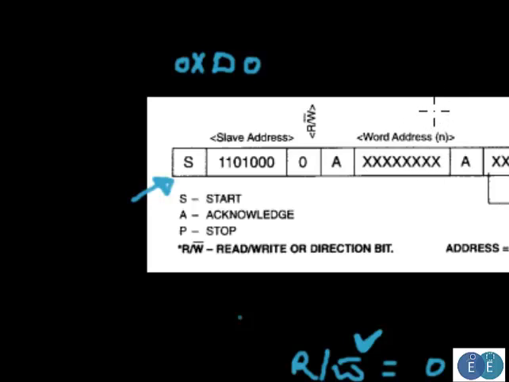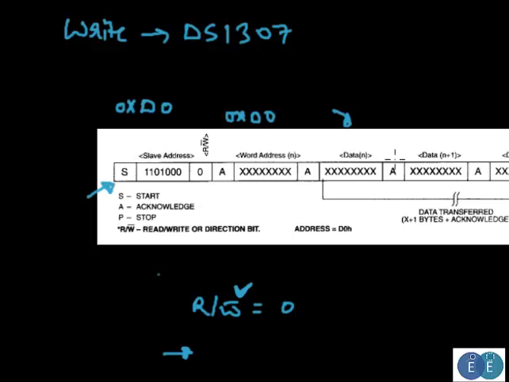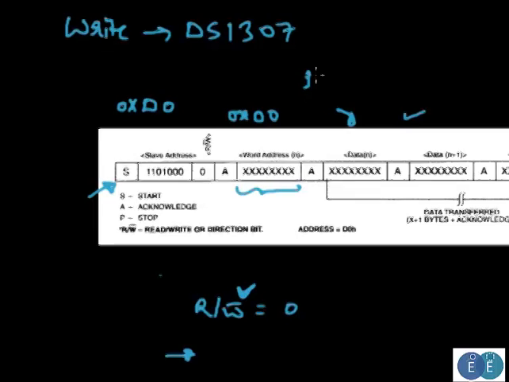If it is a write operation, and say we send the address 00, which is for seconds, then we go ahead and write these seconds into the memory, and that is stored. That is again followed by an acknowledgement, and the process continues. You could observe that one write operation is of 8 bits or 1 byte.